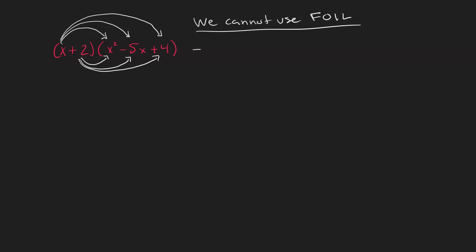If I were to rewrite this, I have my x from that first expression, and I'm going to multiply it to each term of that second expression. And then I'm going to take the positive 2 and multiply it by each term in that second expression. Noticing that this looks like how we would use the distributive property, but also using that FOIL approach by drawing the arrows to make sure that each term multiplies with each other.